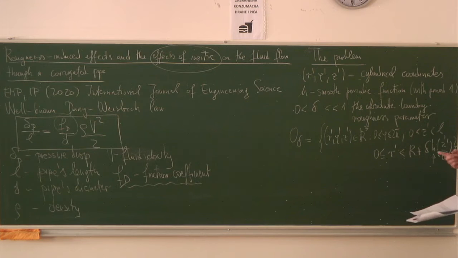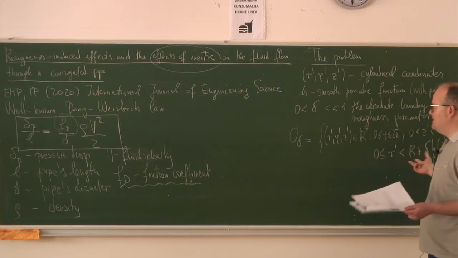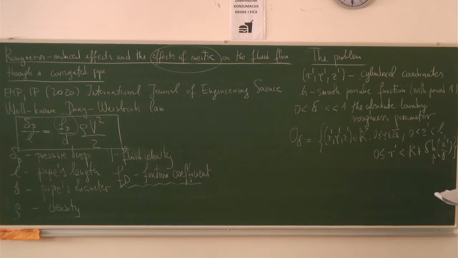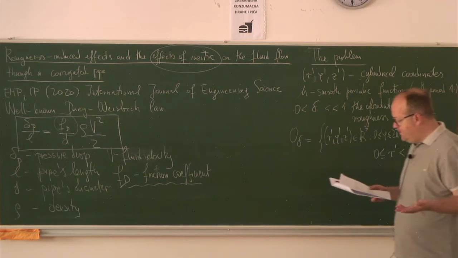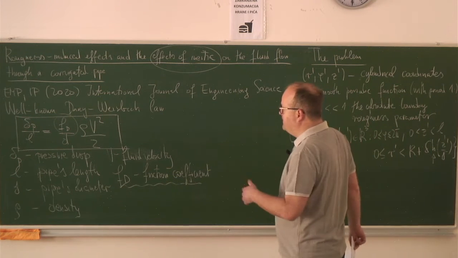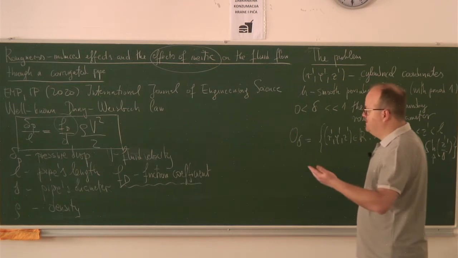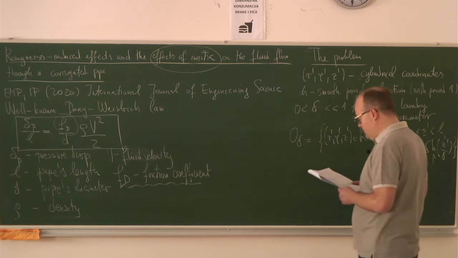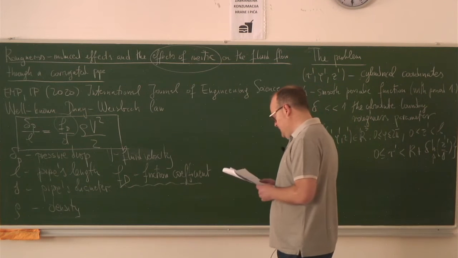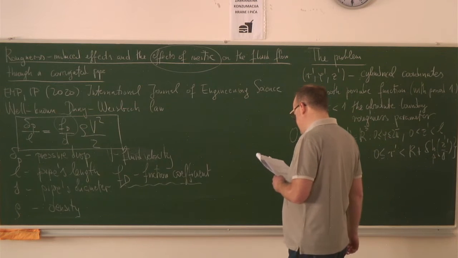So we have a periodic roughness, because the h is periodic function in the longitudinal direction. This is the classical setting. Okay, so we suppose that our pipe is filled with Newtonian viscous fluid. So the equations written in cylindrical coordinates are the following.